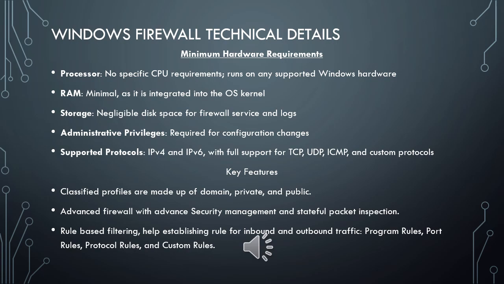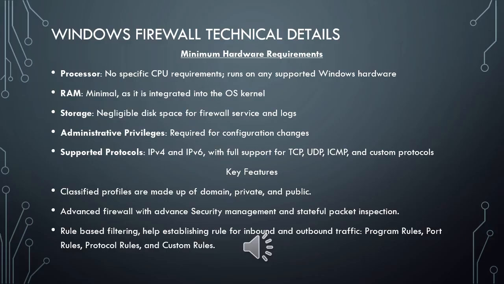For the key features, Windows Firewall uses classified profiles into domain, private, and public, to apply different rules depending on network location. It provides straightforward packet inspection and advanced security management.